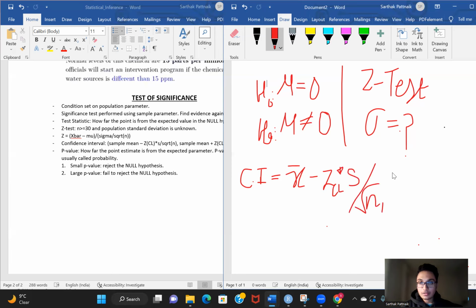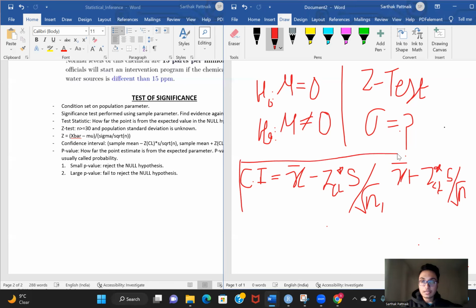This is the lower bound, and the upper bound is x bar plus z_cl into s by square root of n. So this is my confidence interval for my Z test for the unknown population parameter.